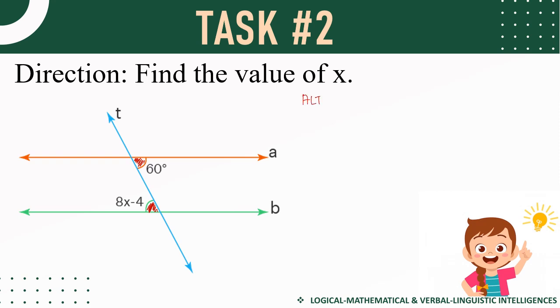So you need to take note of that. We have alternate interior angles. And in our additional information a while ago, I've mentioned that alternate interior angles are always congruent or supplementary.